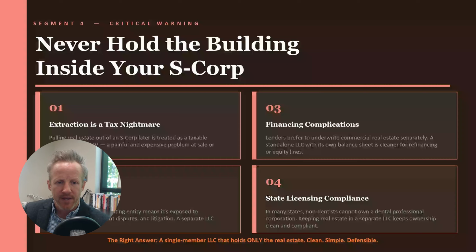So, disregarded LLC, that is the operative word. You want to be a single member disregarded LLC that owns your building whenever and wherever possible. I can't emphasize that enough.